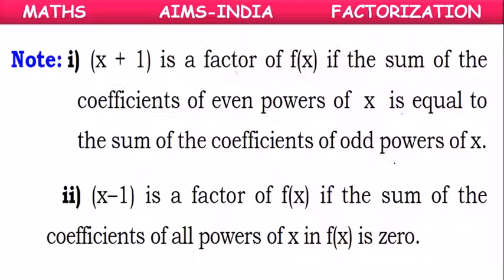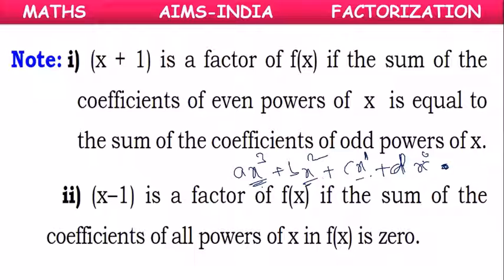Which means, suppose we have an expression like this: ax cube plus bx square plus cx plus d. Cx means cx power 1, and d means d x power 0. This is the expression. So here we have the x cube term, x square term, x power 1 term, and x power 0 term.